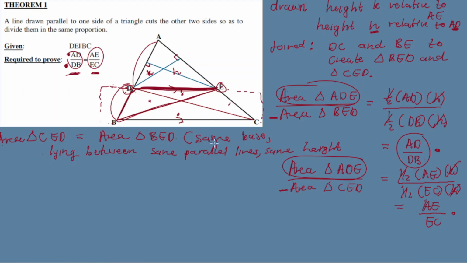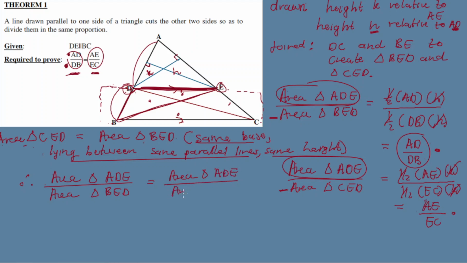So it's the same base lying between the same parallel lines and the same height. That's the reason why the areas are equal. So therefore it means that the area of triangle ADE over the area of triangle BDE is equal to the area of triangle ADE over the area of triangle CDE.